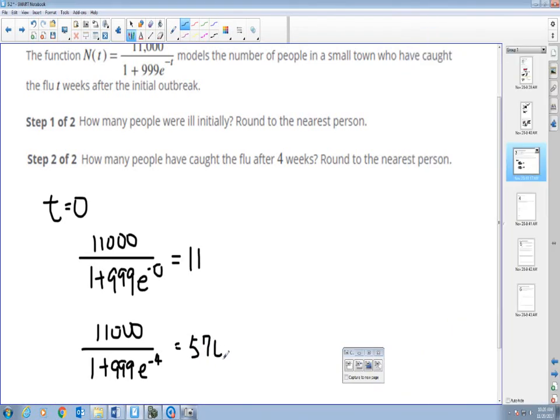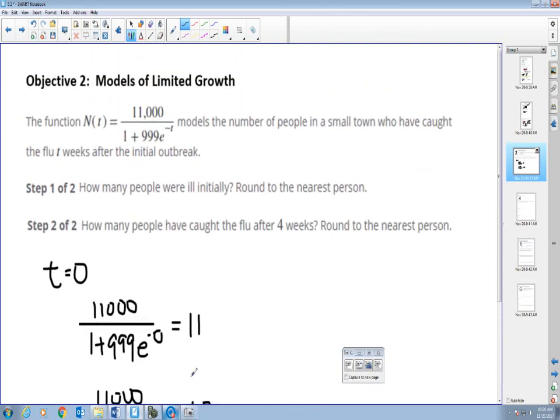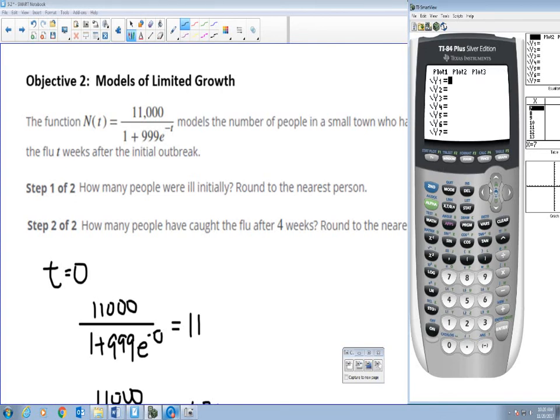So what's going on here is, as the time keeps going, I'm going to put this under y equals. Why is it called limited growth? Negative x power. There's no t, I've got to use x. Close it.